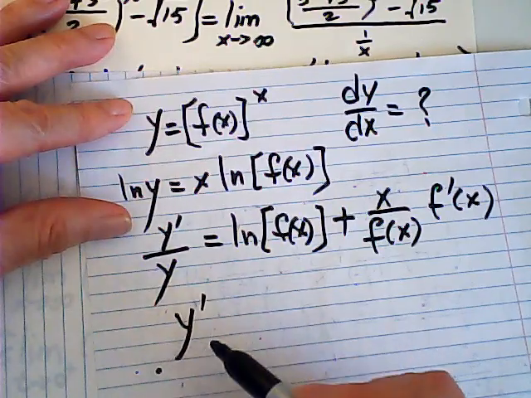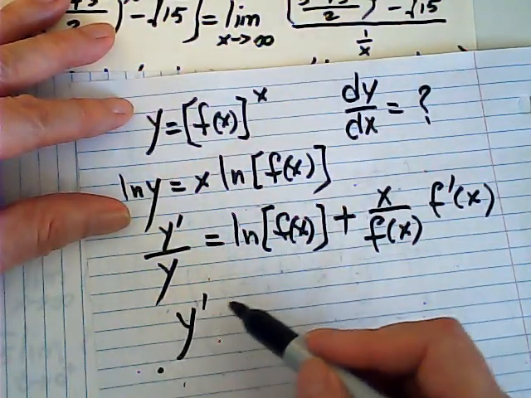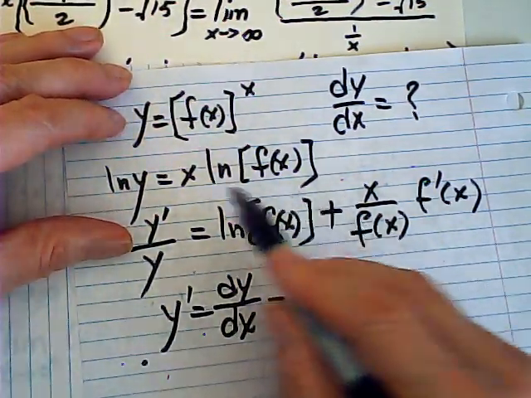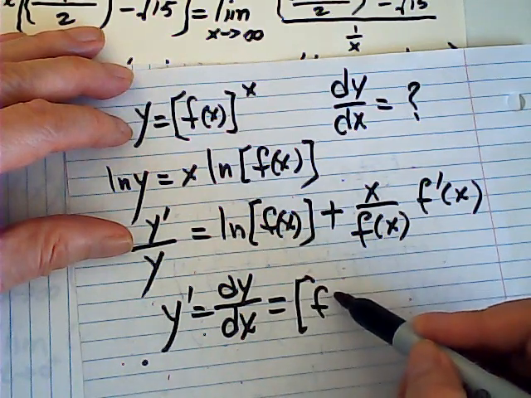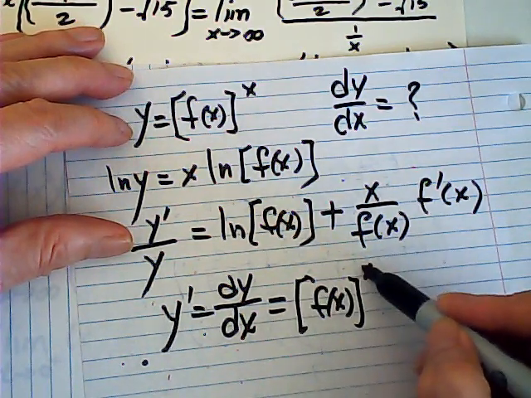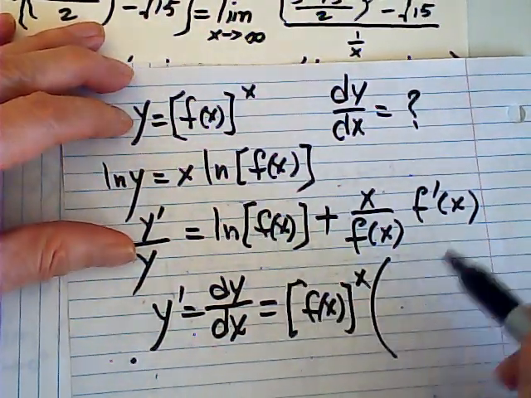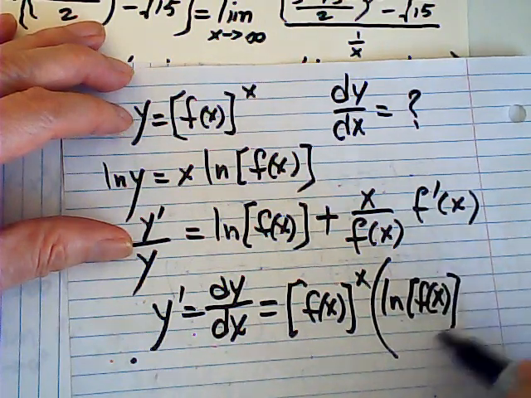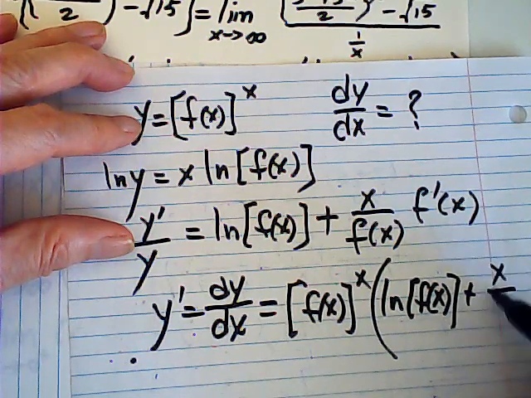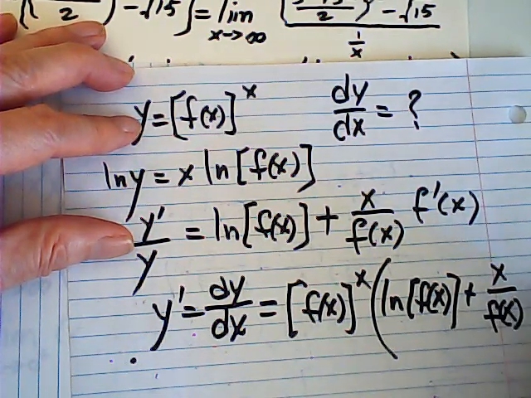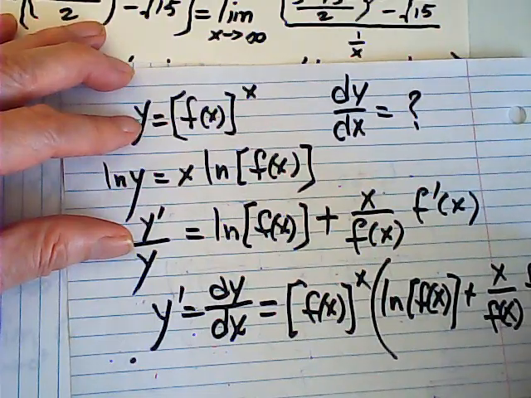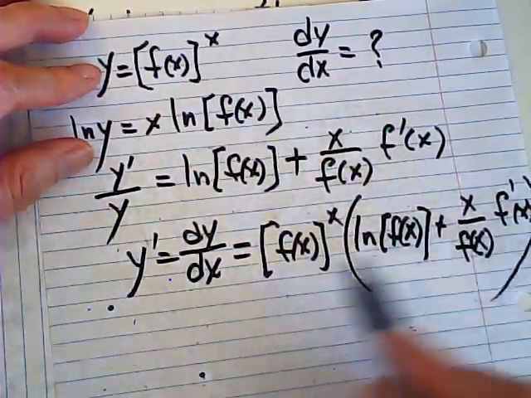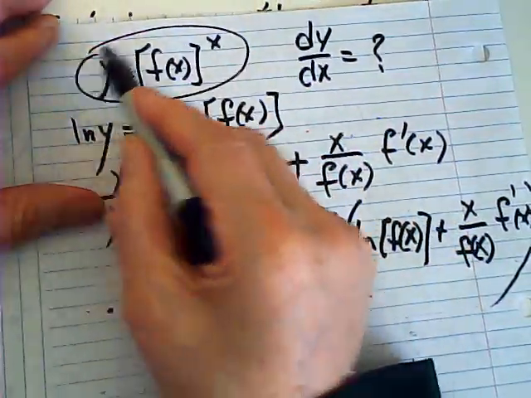So y derivative, which is dy dx, is equal to y multiplied over there. y is this function, f of x to the power of x, multiplied by log f of x plus x over f of x times f derivative of x. That is the formula.